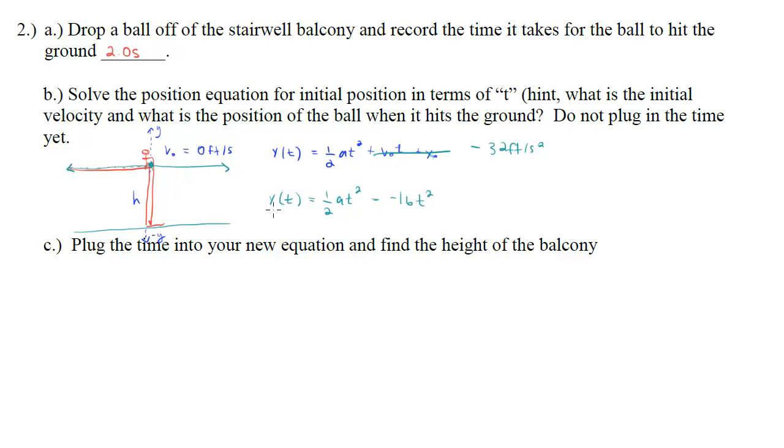Okay, and that's for the y of t. So this one just asks you for this one. Negative 16 t squared equals y of t. Plug the time into your new equation and find the height of the balcony. All right, so we need to find the time it takes to hit the ground.